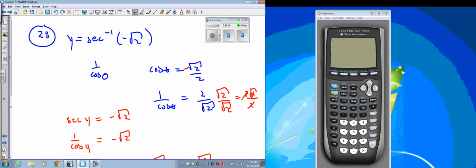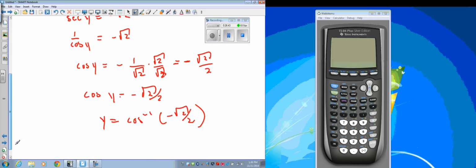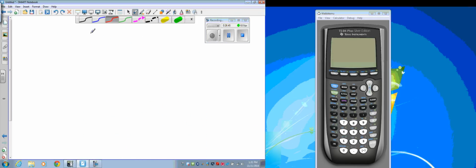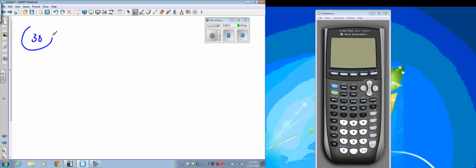Okay, 28 and 30 says y equals arc cotangent of a negative square root of 3.